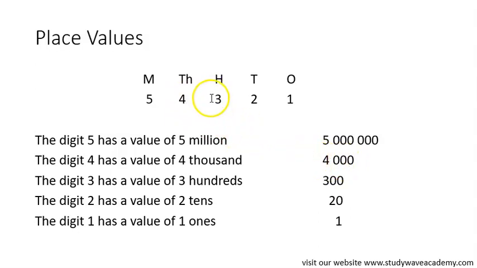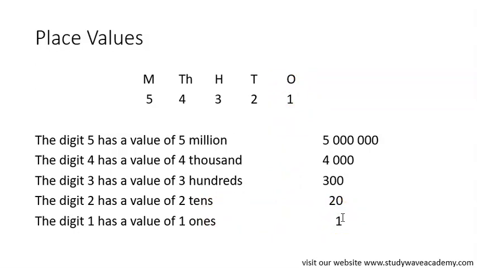And the digit 3 has a value of 300. And the digit 2 has a value of 2 tens, which is 20. And the digit 1 has a value of ones.